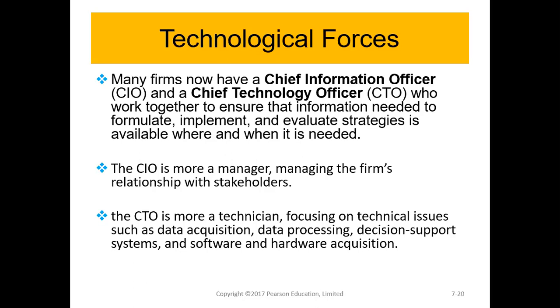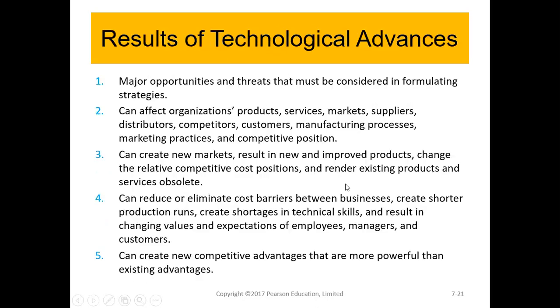The chief information officer is a manager who tries to manage the relationship between the firm and the stakeholders, while the chief technology officer mainly focuses on the technical issues: data processing, software, hardware acquisitions. So he's mainly concerned about the technology, while the information officer works on the relationship with the stakeholders.